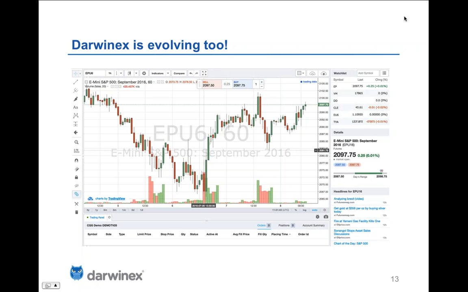Once we have a critical mass of futures traders to polish the diagnostic algorithms, we will offer the Darwinex diagnostic algorithms on futures strategies. After that, we will test for a while, and we will start offering futures Darwins. So in other words, we are expanding the universe of tradable assets to include futures on indices and also on interest rates. So we're becoming a fully fledged multi-asset broker.